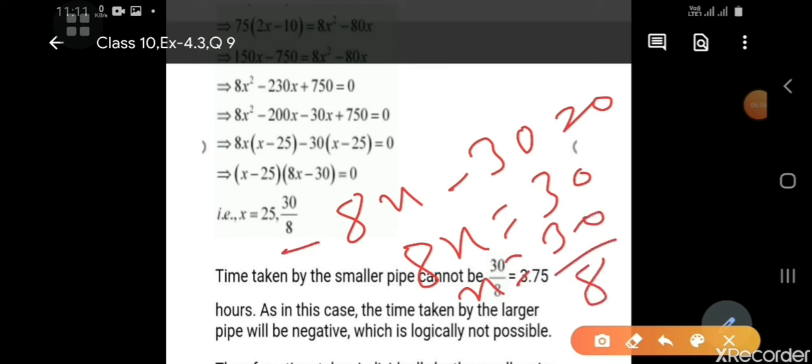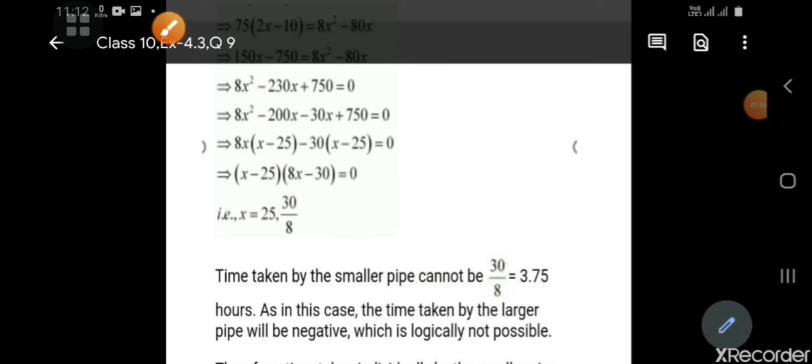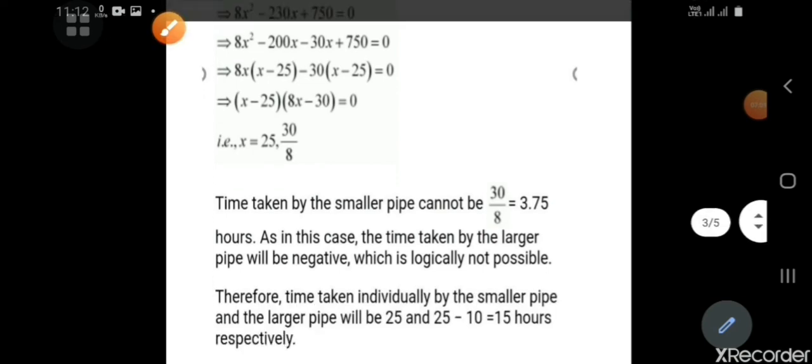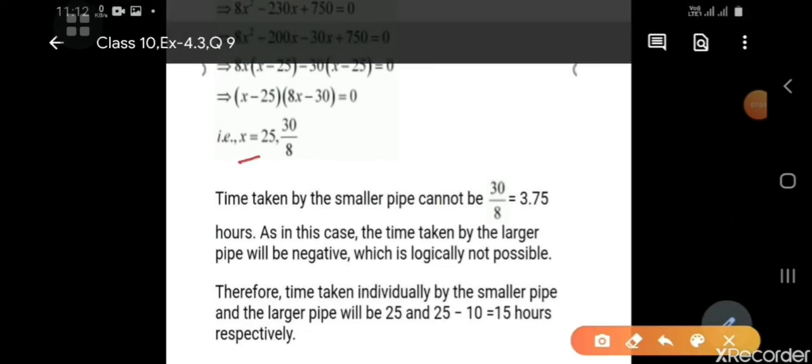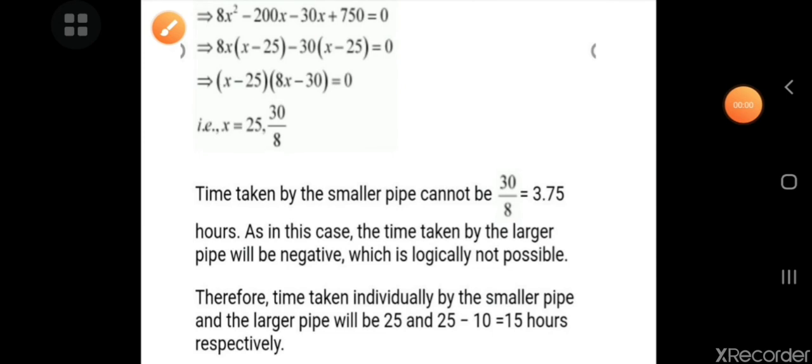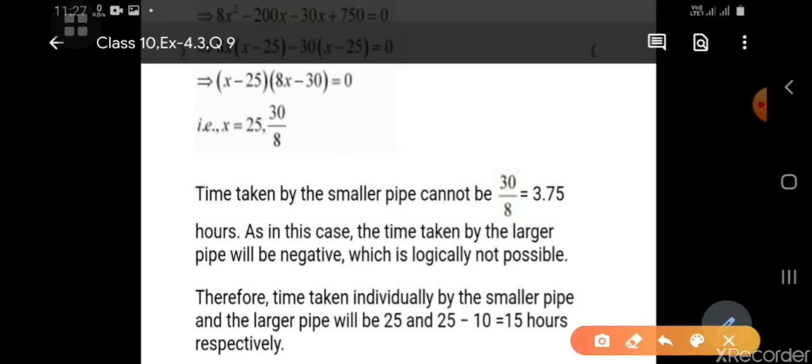Now we get two values of x, one is 25, another is 30 by 8. So now we take x as 30 by 8. If we take x as 30 by 8, then the value will be 3.75 hours. It means the smaller pipe will take 3.75 hours.